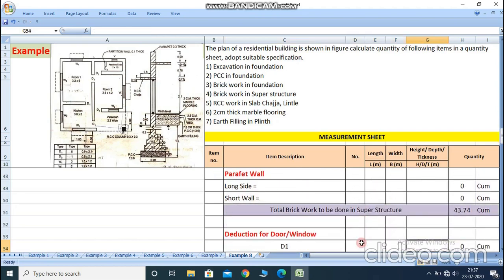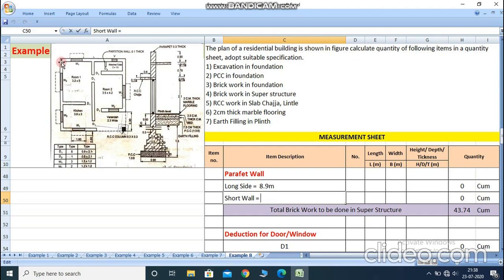Now next we calculate the parapet wall. So here in the section part the parapet is 0.3 meter thick and 0.9 meter height. So for the long side, length is external to external. We have already calculated the long side length as 8.9 meter, and the short side wall is the summation of the external to external wall.